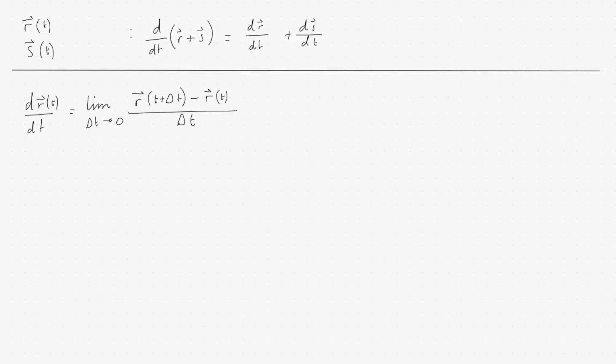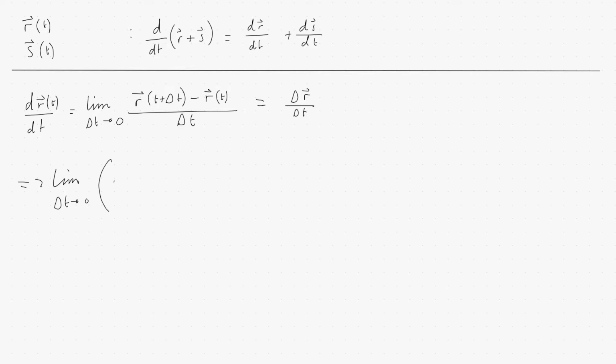Now, applying that same logic, we can first of all show that r at t plus delta t minus r is actually just the same as the small change in r over the small change in t. So using this as well, we're going to say the limit as the small change in t goes to 0.